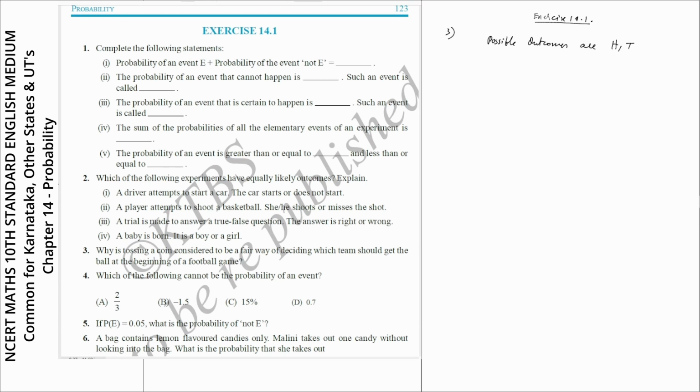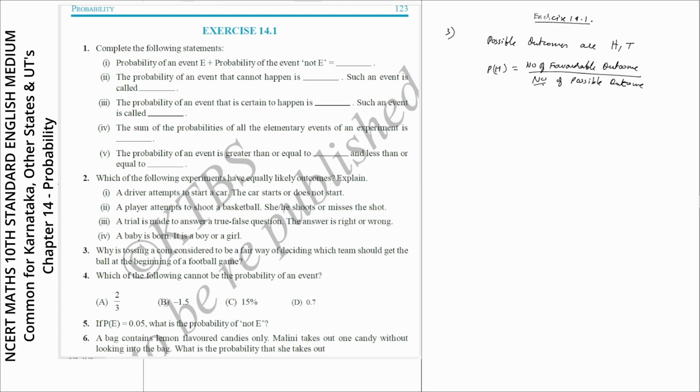Now what is the probability of getting a head? This is equal to the number of favorable outcomes divided by the number of possible outcomes.